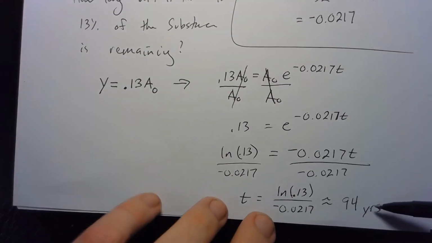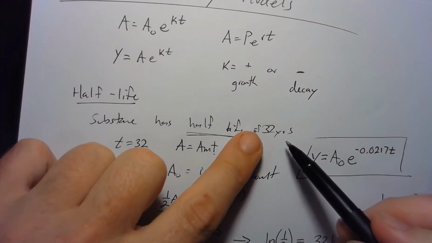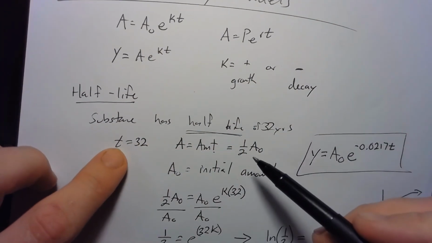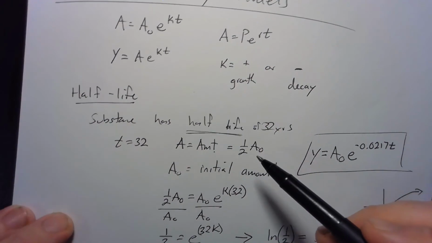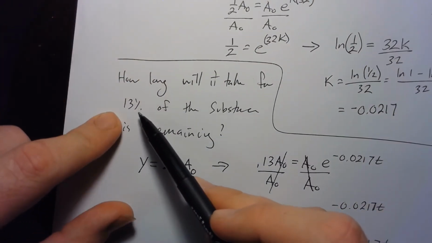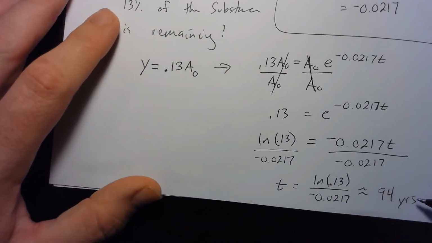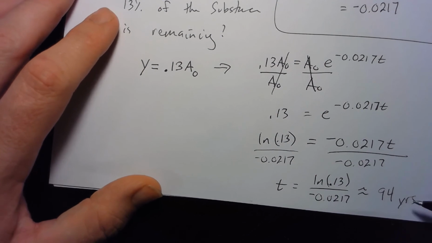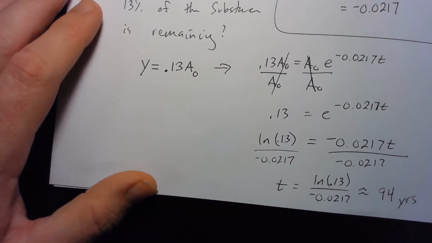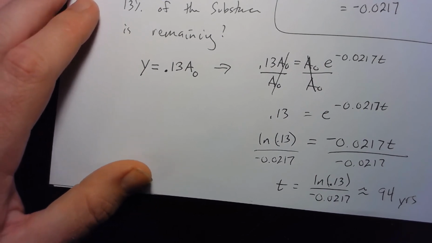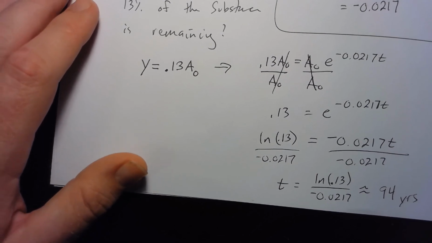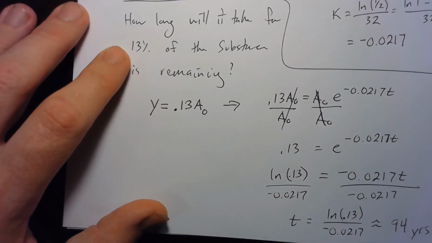Now, does this 94 years make sense? Well, think about it. In 32 years, half of the substance that we started with will be left over. So if I'm looking for 13% of the substance to be left over, one iteration of that cycle should bring us down to 50%, another iteration should bring us down to 25, and a third iteration should bring us down to nearly 12.5 or 13.